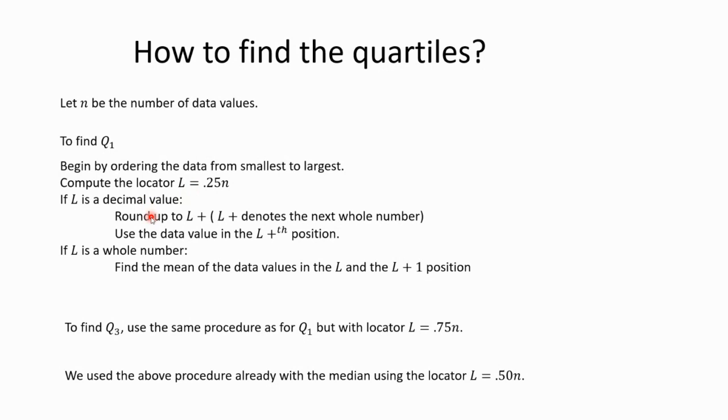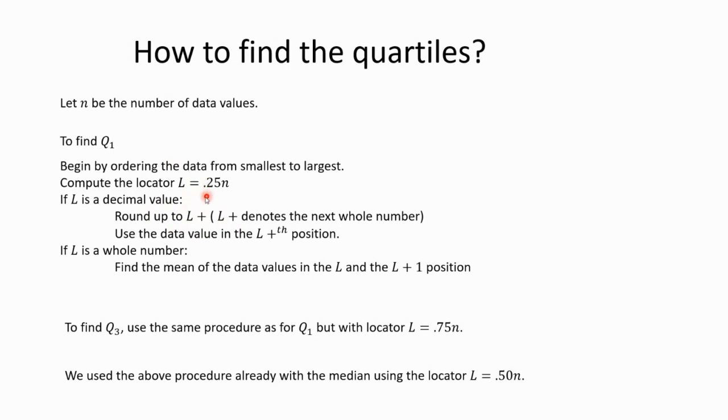If L is a decimal value, say 2.3 or 4.6 or 4.1, whatever it is, you're going to round it up to the next whole number. That's what this notation is supposed to remind you. I have not seen the plus sign used this way before, but that doesn't mean it's not used that way.